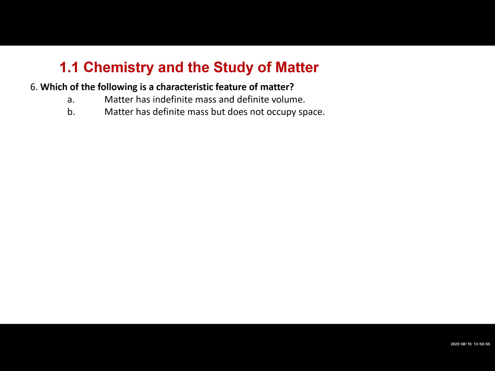One is correct, so B is correct. Matter has definite mass, but does not occupy space. That means that one is wrong. Therefore, the statement is false. So both false, A and B?